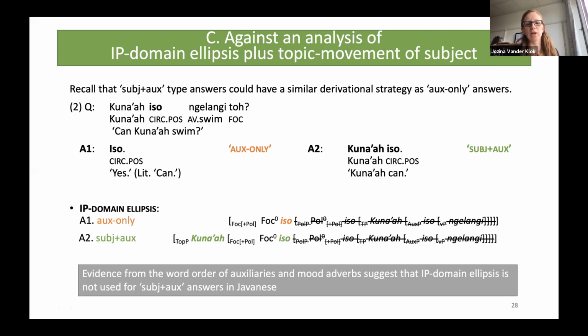And I will show that evidence from the word order of auxiliaries and mood adverbs suggests that IP domain ellipsis is not used for subject auxiliary answers in Javanese. And so this is an additional argument beyond the distribution of TAM auxiliaries that I mentioned before.